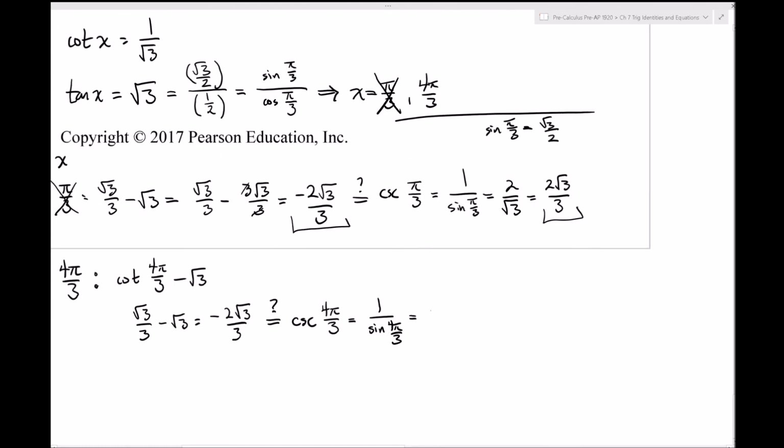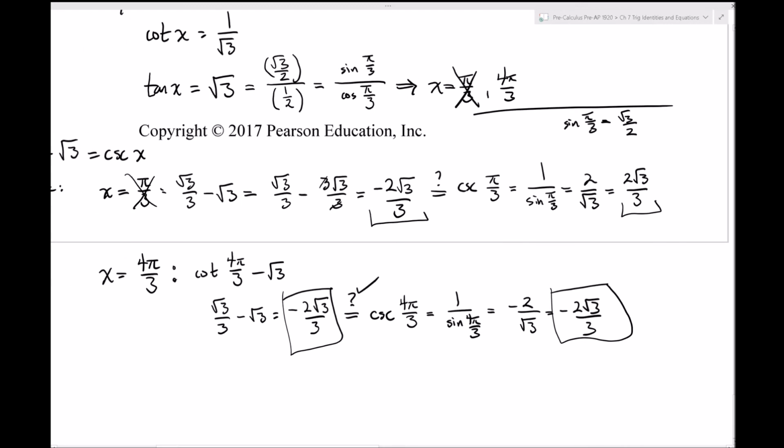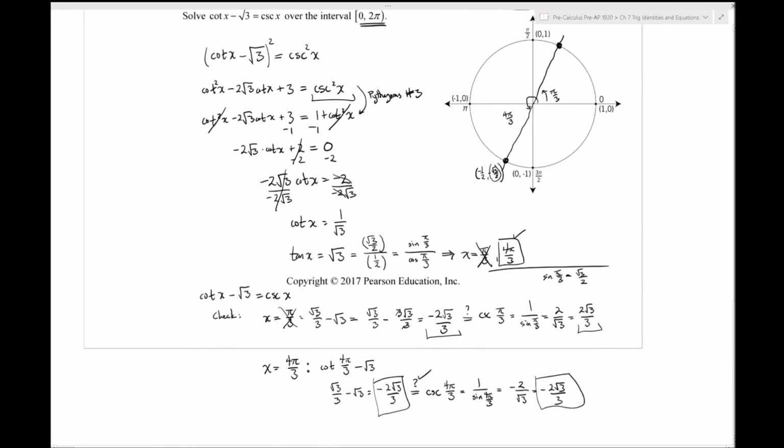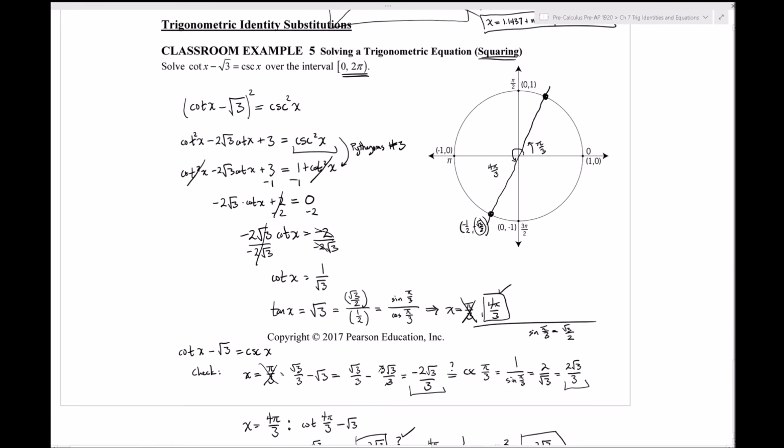We want the reciprocal of that, so it's negative 2 over the square root of 3, which is negative 2 square root of 3 over 3. And these two match. So this is a check mark. They are equal, so that means the 4 pi over 3 works, but the other one didn't work. So the only answer in this case is 4 pi over 3.